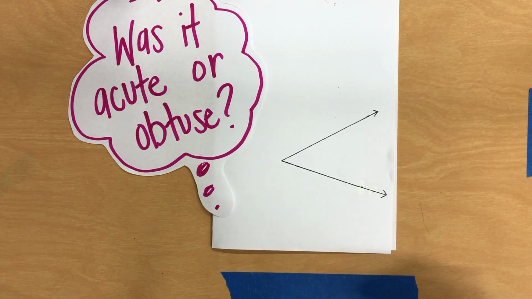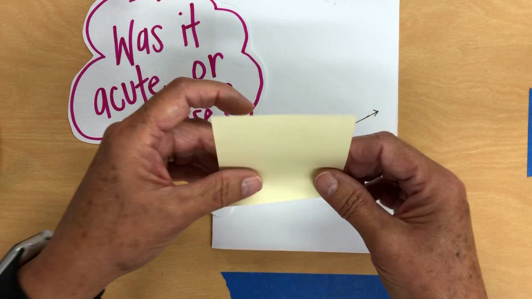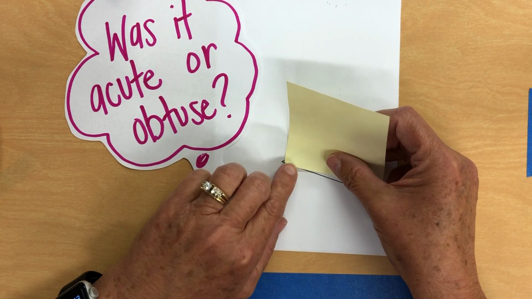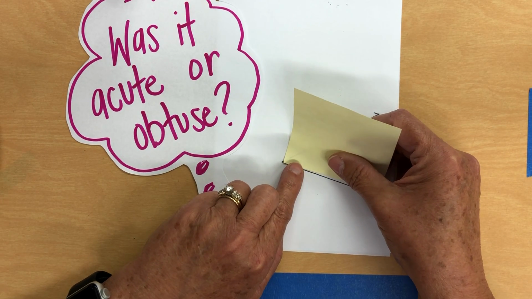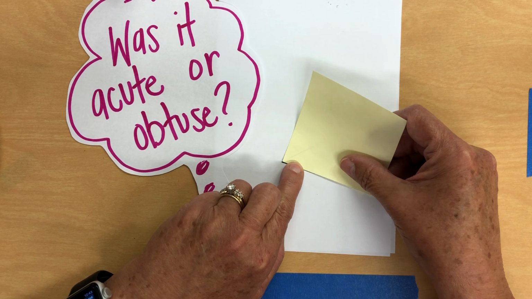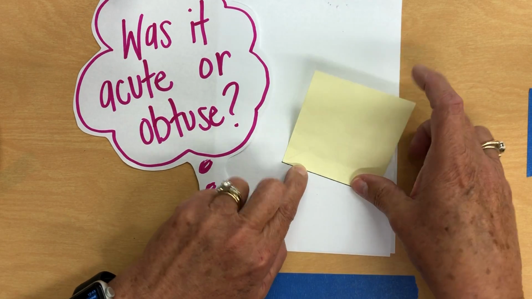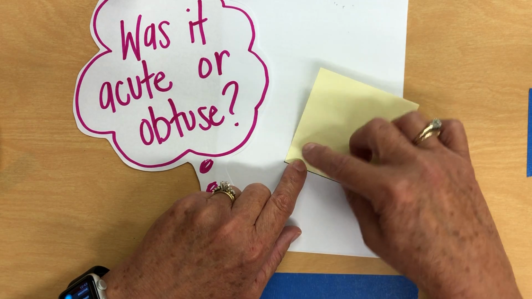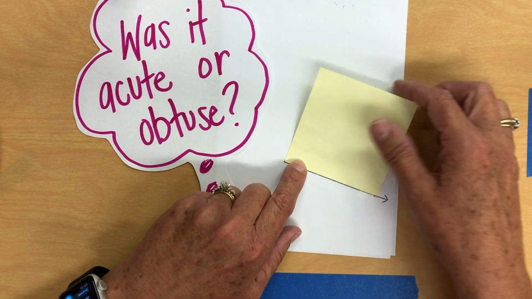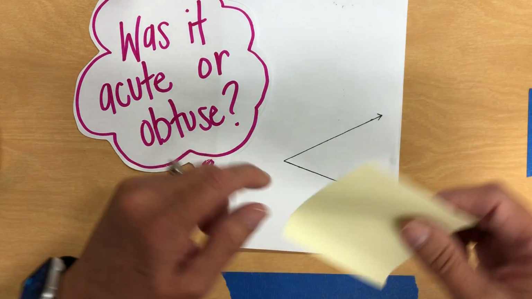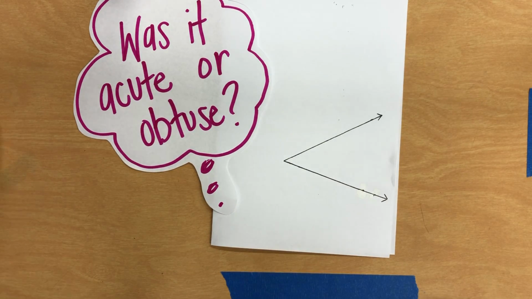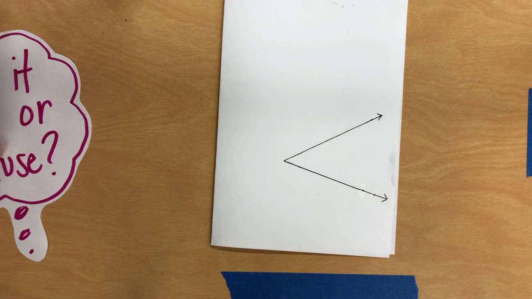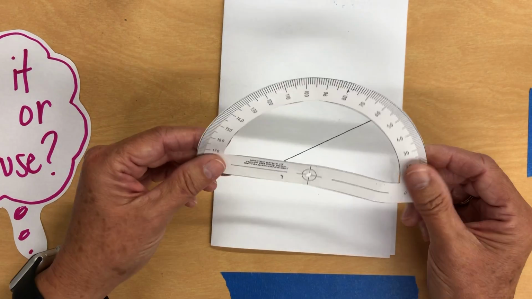And since this angle is opened less than a right angle, which we talked about before, that a square corner would be a right angle, and it measures less than that, so this would be an acute angle, so it would measure less than 90 degrees.